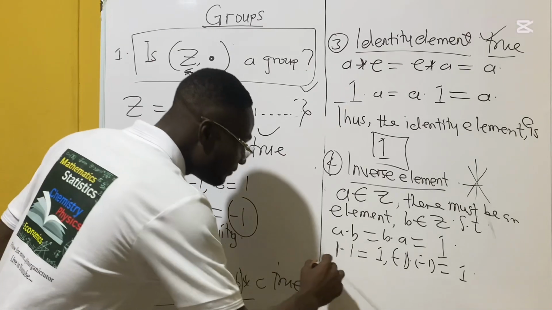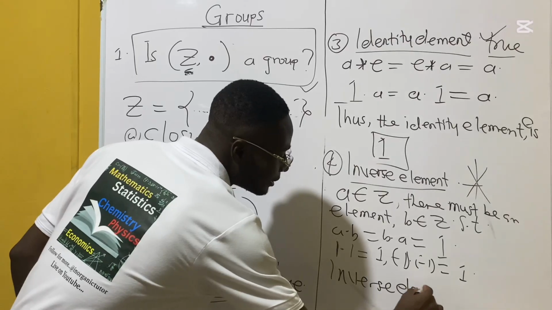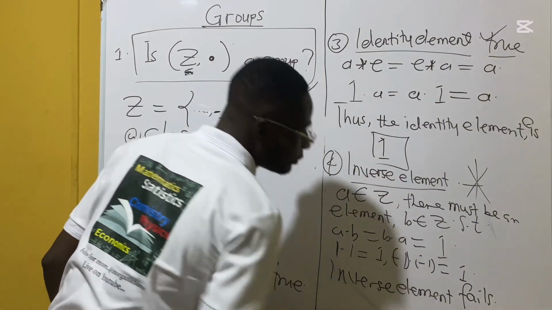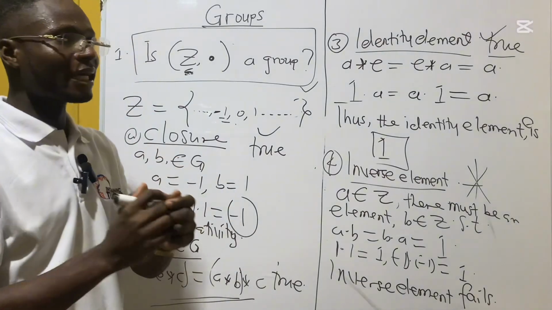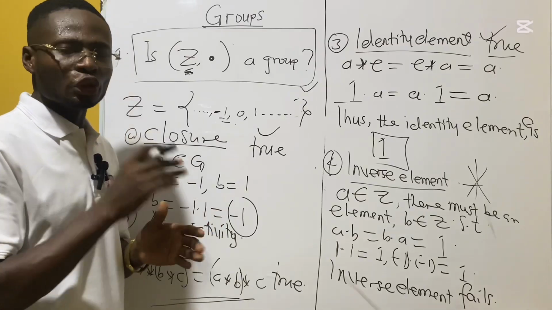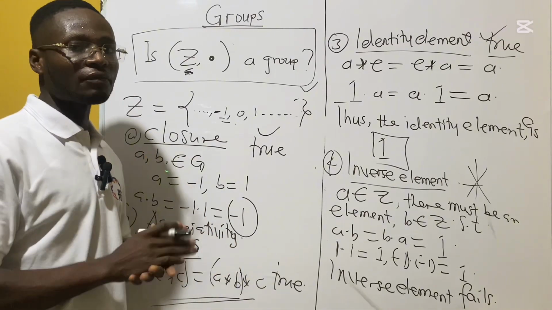So the inverse element fails, because when you pick any other integer and multiply them, you are not going to have 1 apart from -1 and +1.